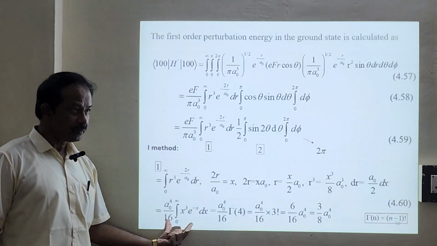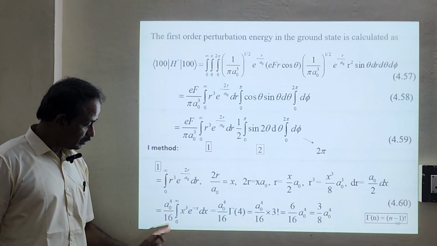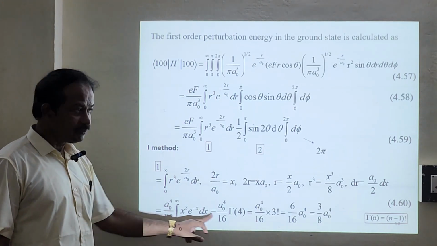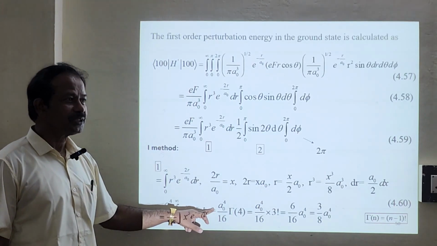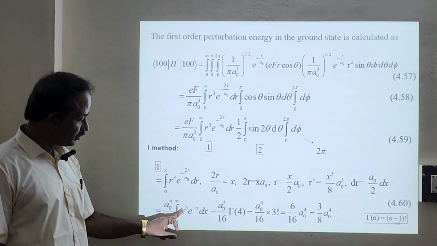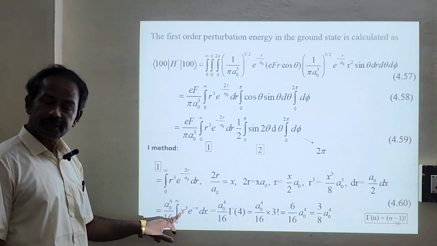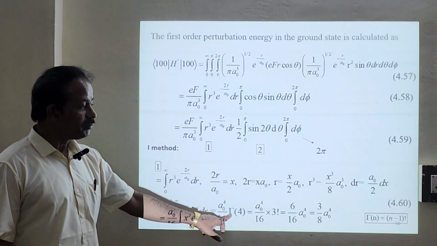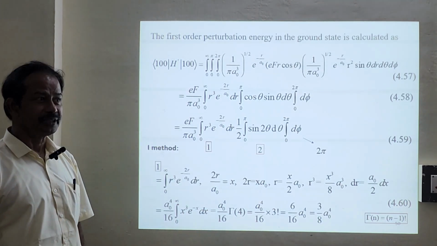This expression is okay? The radial part, we have simplified from 0 to infinity. And this expression will give us the gamma integral, which we have already studied in mathematical physics. So the solution of this one will be gamma 4. What is gamma 4? Gamma n equals n minus 1 factorial.